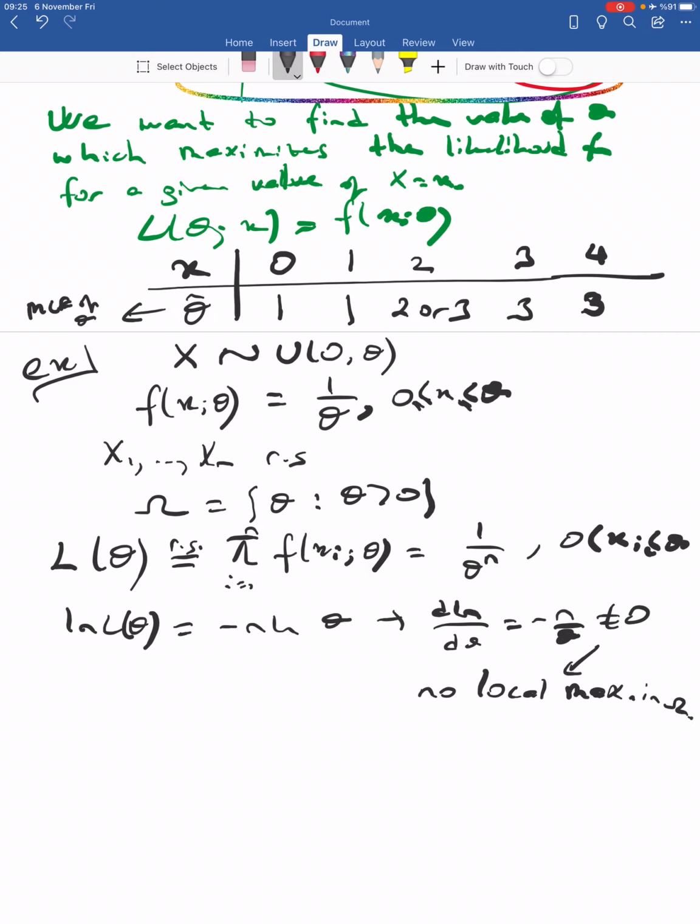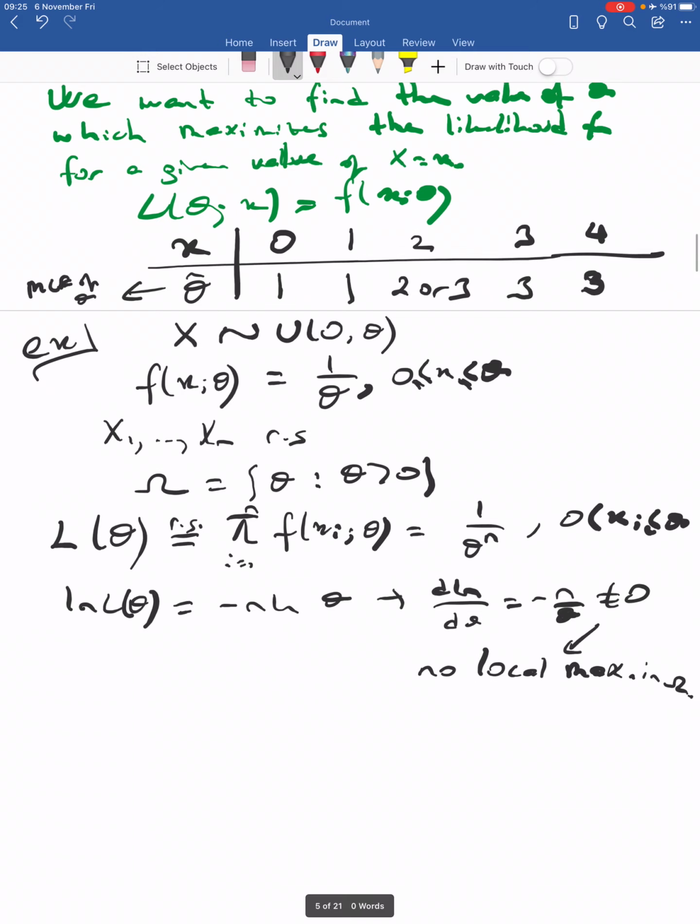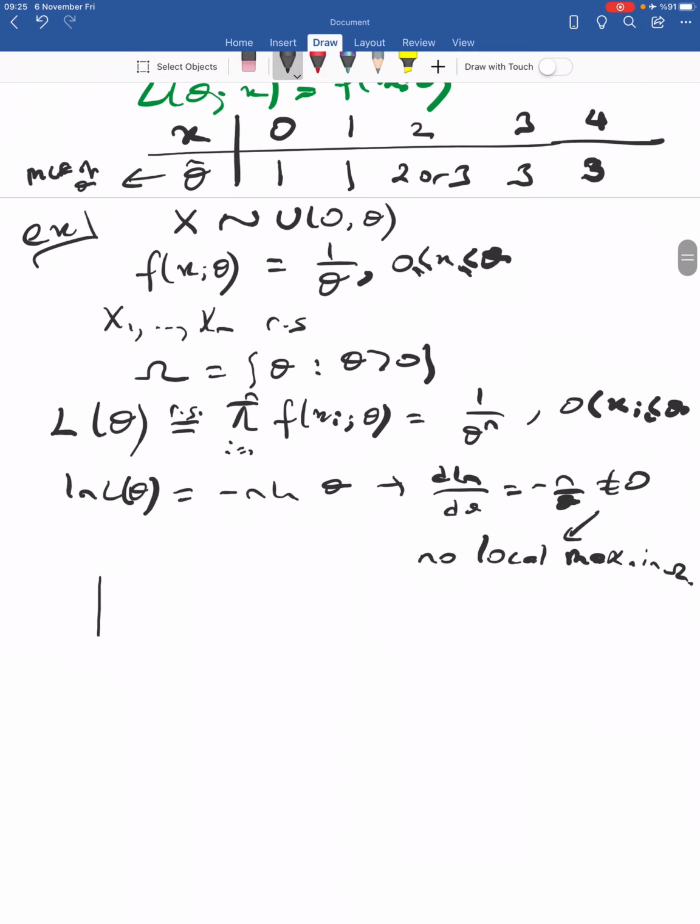But we know that our likelihood function has to be maximized somewhere. So let's try to draw the shape of the likelihood function, and then we can try to guess which value of theta gives us the maximum likelihood.